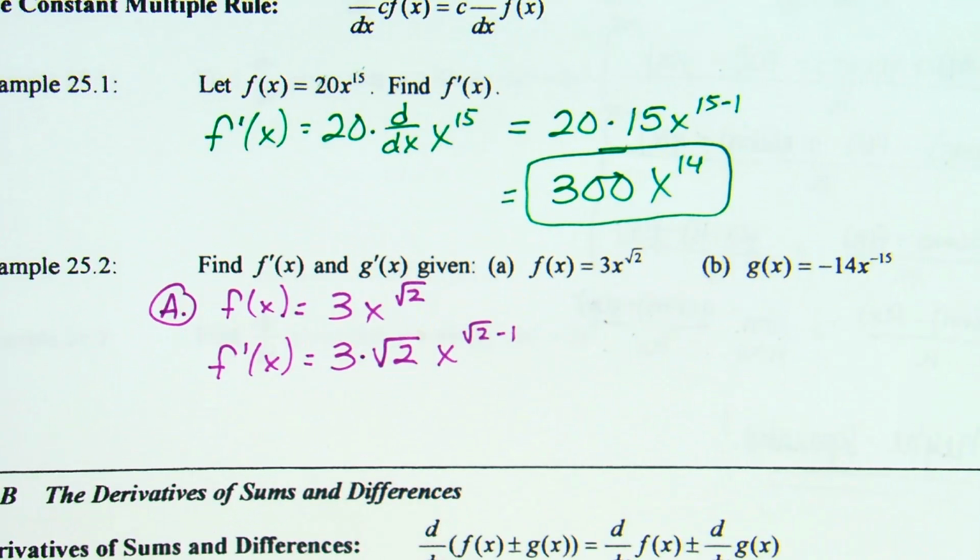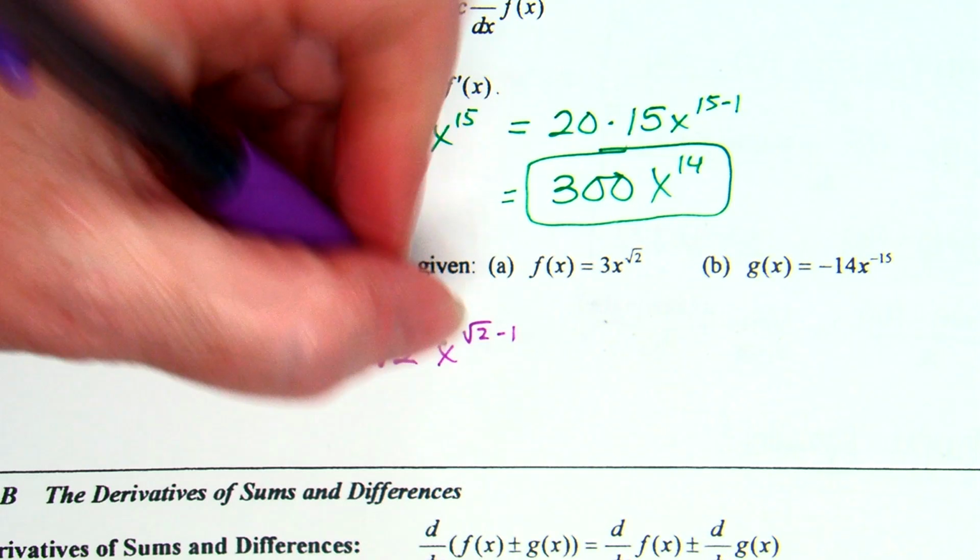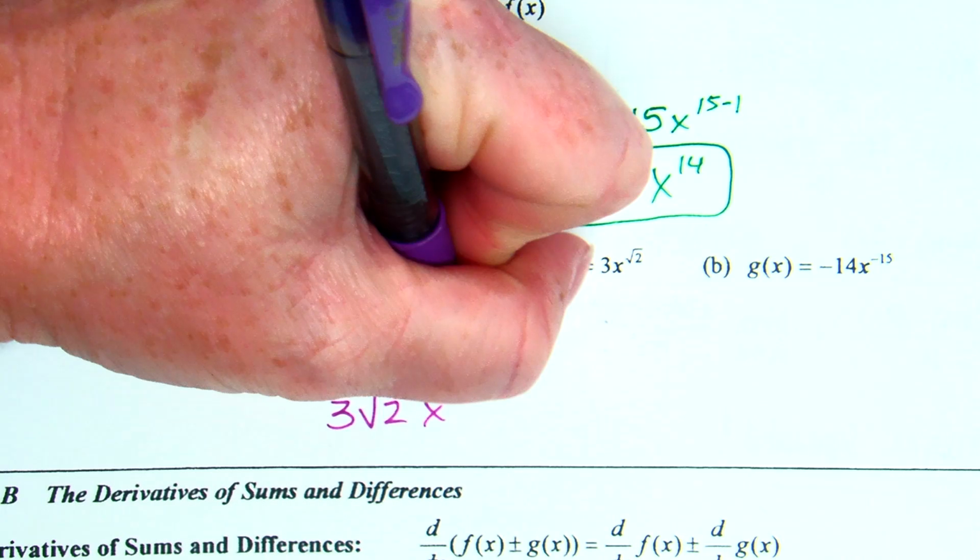Can I multiply 3 and square root of 2? Not really. About the only thing I can do is write it without the multiplication done. In other words, officially I could write 3 square root of 2 x to the square root of 2 minus 1.